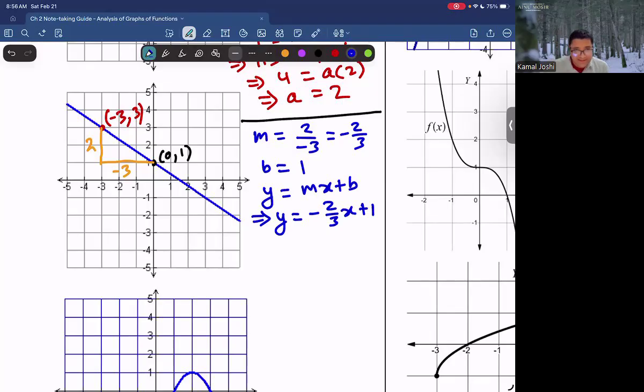Now let us see if I can get that equation by stretching the parent graph. In the current understanding, we take a parent graph and we stretch it, move it. So the question here is, what is the parent graph? If I have a straight line like that, I can go with a very simple straight line as my parent graph.